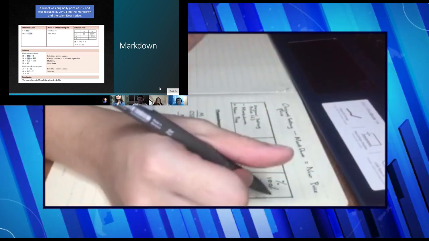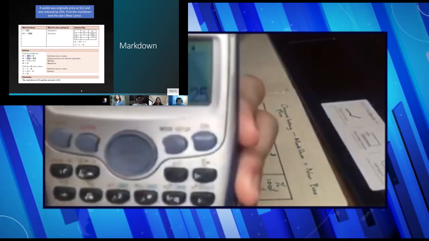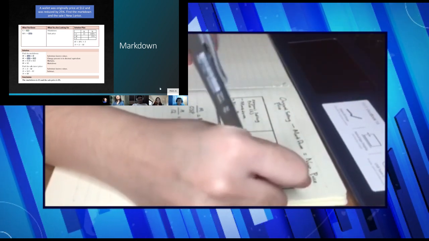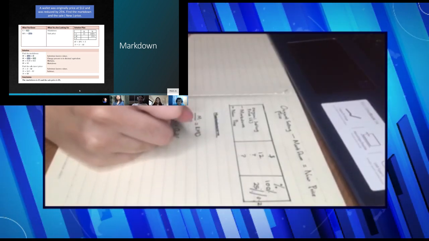Decimal: 25 divided by 100 becomes 0.25. So put here 0.25.